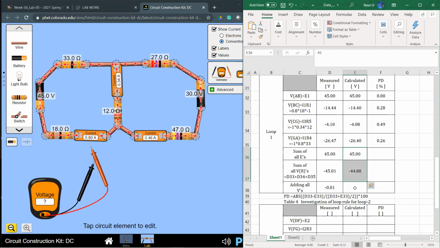So we can add those two numbers together to check whether we get 0 or not. That's what we're checking here at the very last cell. So we're expecting it to be 0, but we can get a little bit of error depending on the rounding error and the calculation, depending on the calculated values. Okay, the rounding error actually comes from the ammeters. Okay, guys, any question?